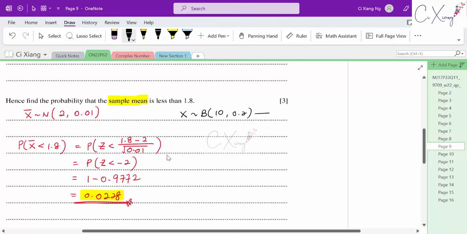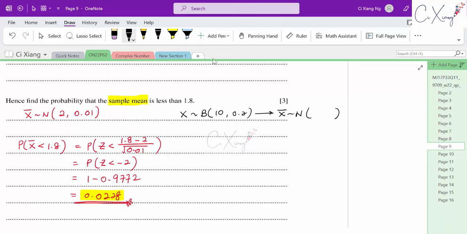And when we change it to the sampling distribution, it is normally distributed. The binomial is discrete, and the sample mean is normal, which is a continuous random variable. So when we change from a discrete to a continuous random variable, by right, we should make a continuity correction.